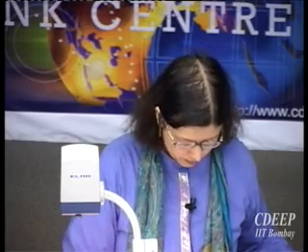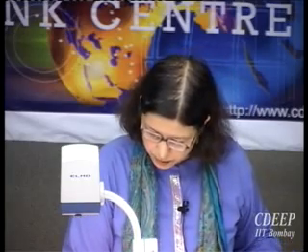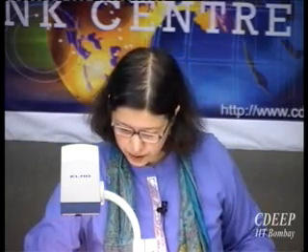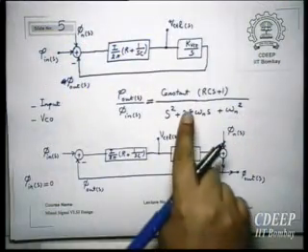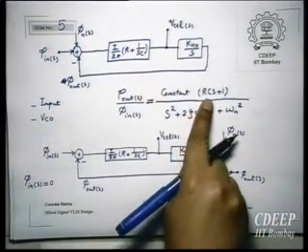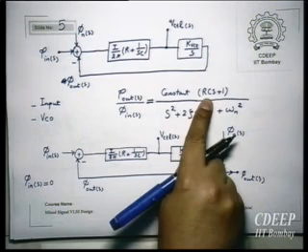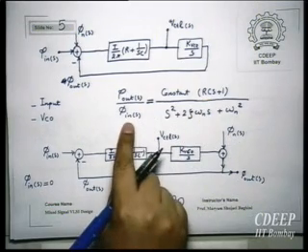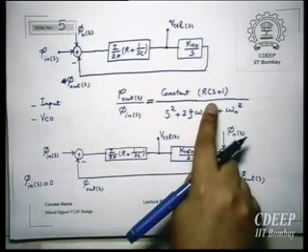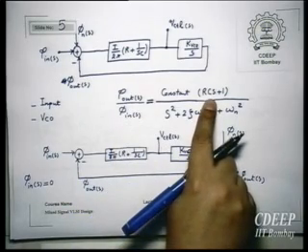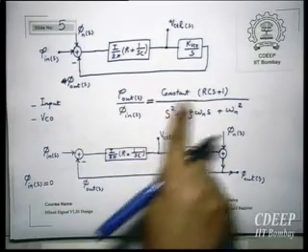One more thing here. Here, if you look, we have a zero also. If you look at the phase coming from the input here, because of the zero, we have one peaking because of this.